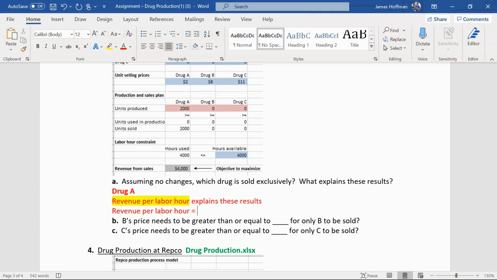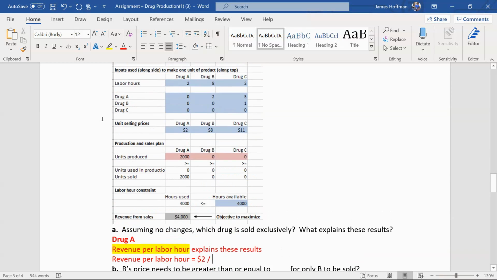The drug A price is right here, $2. How many hours does it take to make one drug A? Look at the chart.